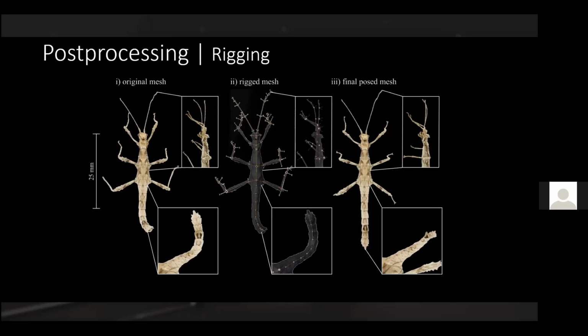So you see on the very left here an example of a stick insect which we scanned that had a curved abdomen and legs that have all sorts of funky positions. And because we can assign rigid bodies to these and then pose them freely, we can do things like straighten the abdomen and bring the legs in a natural position. So that provides us with some advantage because we can, in principle, move these specimens around after we actually scan them.